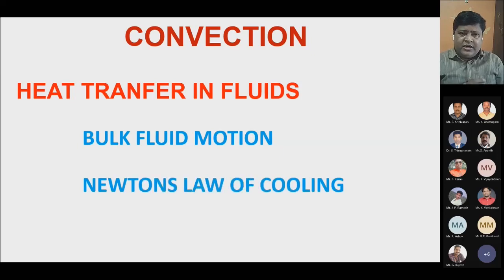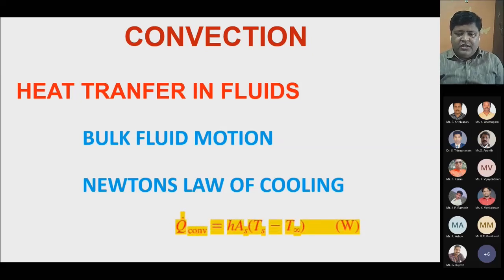And this convection is actually governed by Newton's law of cooling, which we have seen as an introduction in the conduction chapter. This is the formula we use for calculating the heat transfer rate from any surface.